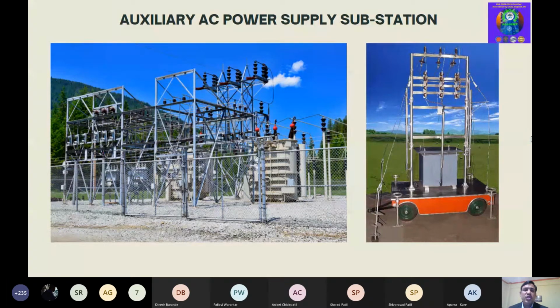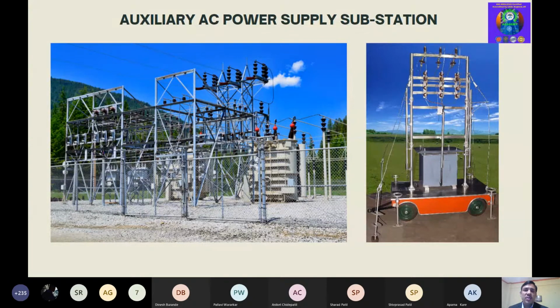So we ensure this backup to AC and DC supply, because if this auxiliary supply, whether it is AC or DC, is not available, then you are helpless to run your EHV substation, because there is operation of many breakers. These are pneumatic breakers whose compressor needs to run to maintain the air pressure.